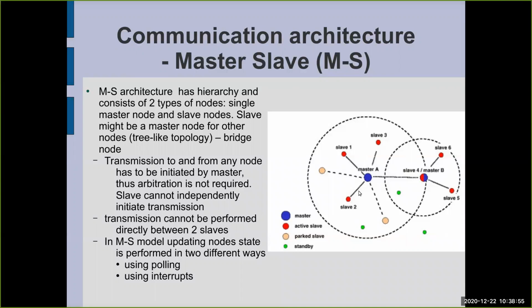There are two possibilities how master is able to verify whether particular slave needs to transfer data. These methods are using polling or using interrupts.